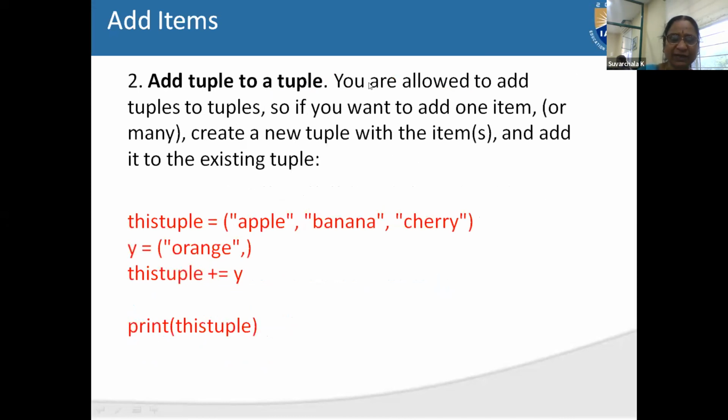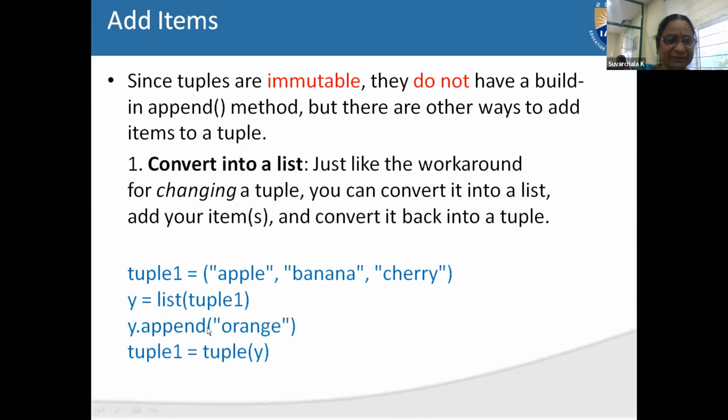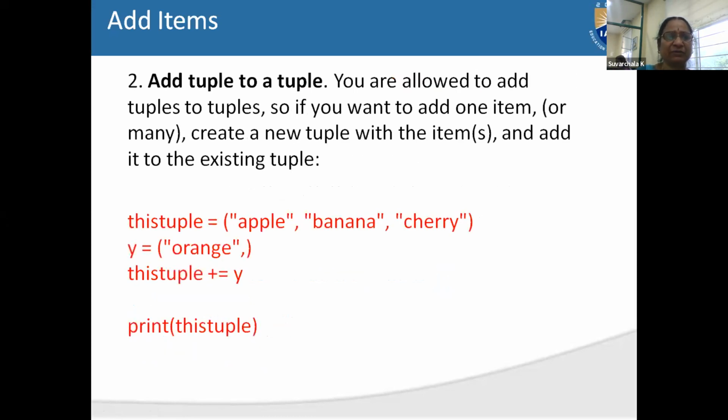For example, one element, or if you want to add multiple elements to my tuple, I am going to create a new tuple, and that new tuple is going to be updated by using the concatenate operator. Plus: two tuples can be concatenated by using a plus symbol.